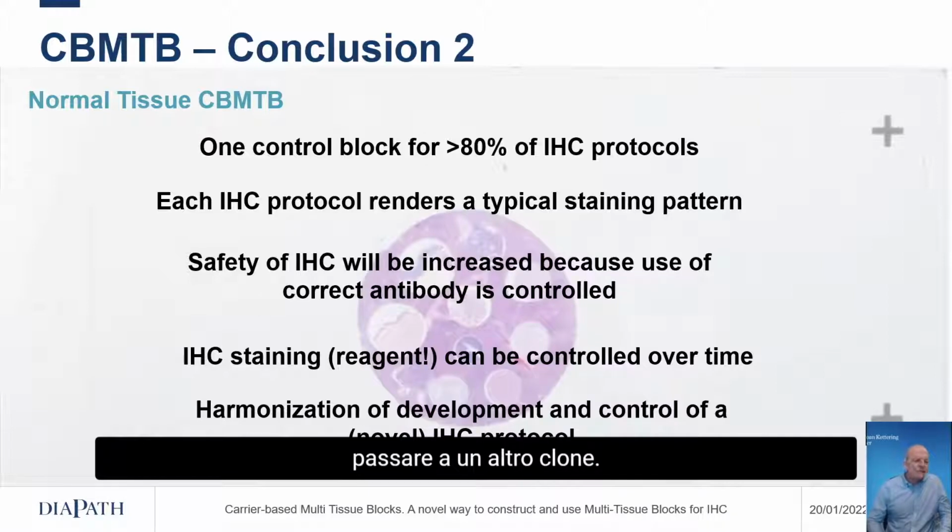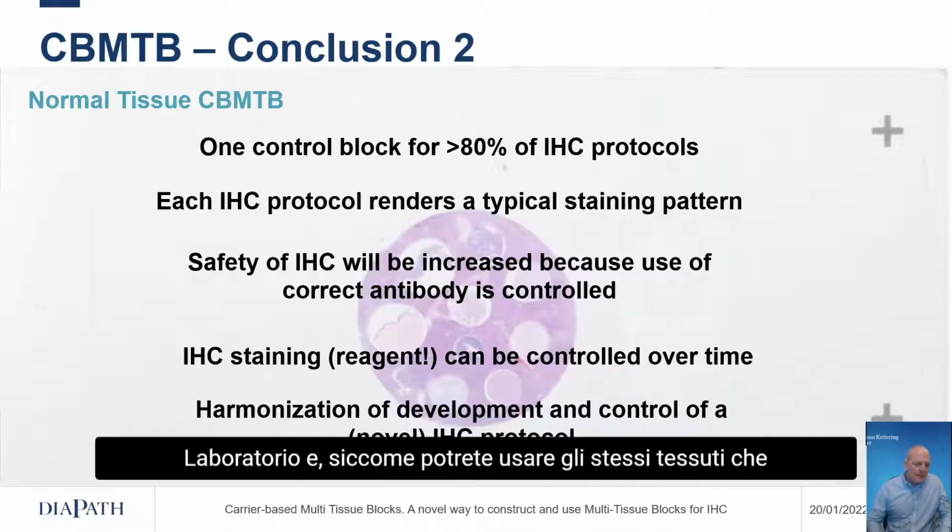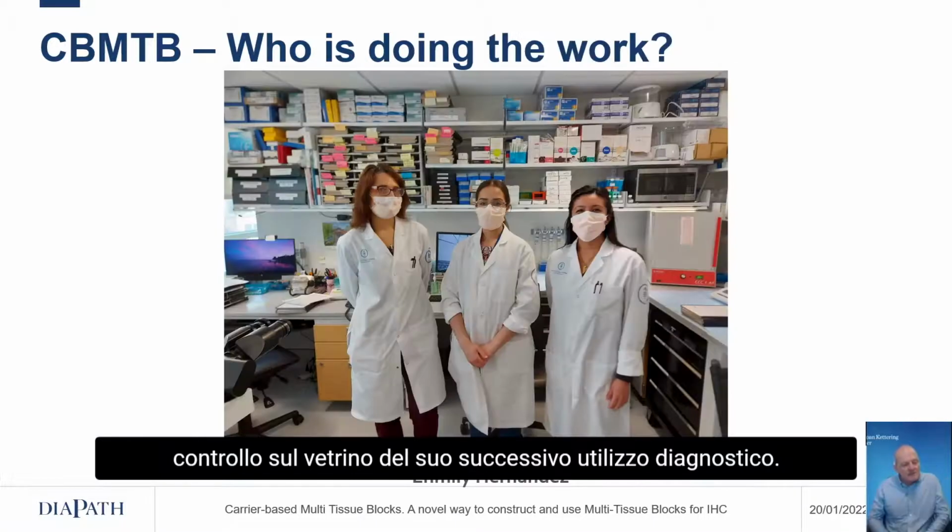We had to switch to a different clone. And eventually, it will help to streamline the processes in your lab, because you can use the same tissues that you initially used to test the new antibody as an on-slide control in the downstream application.